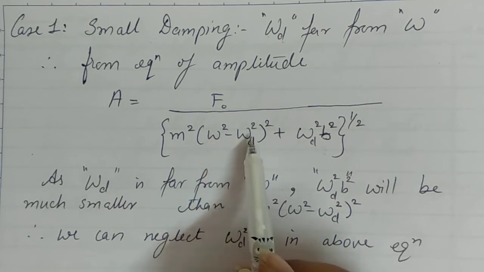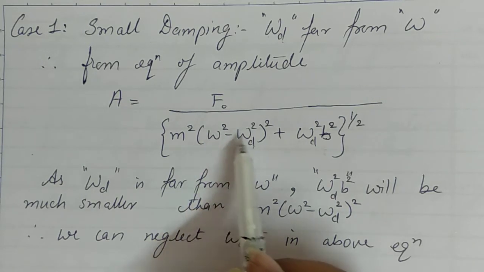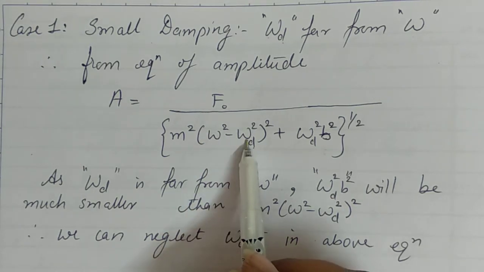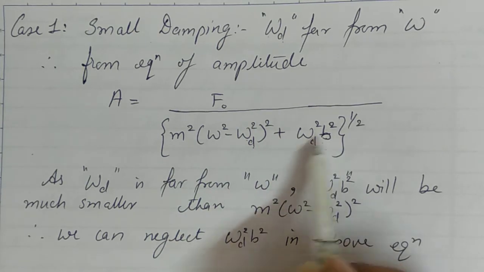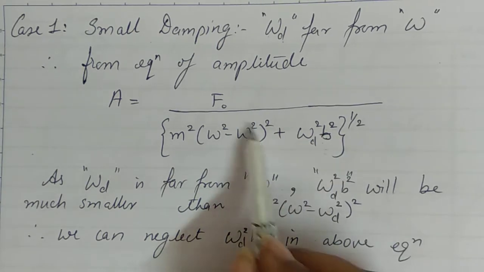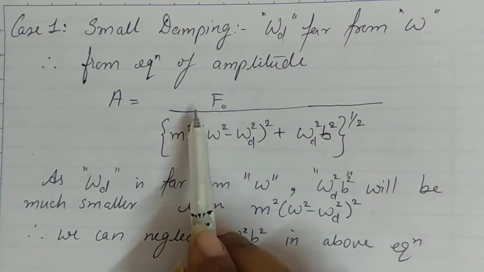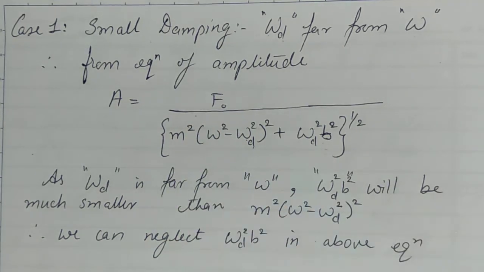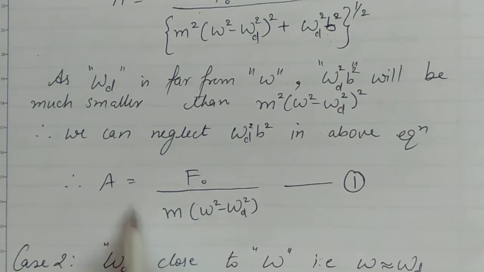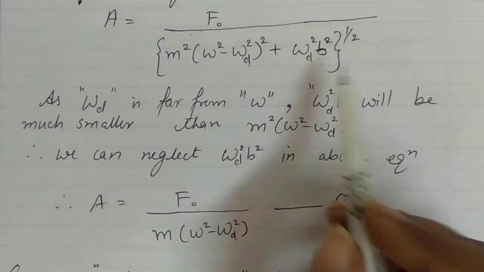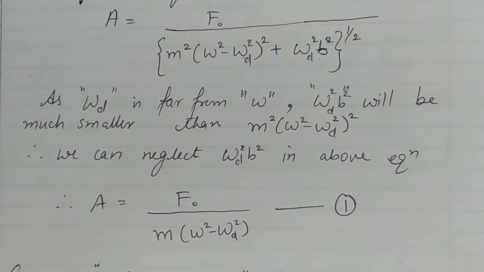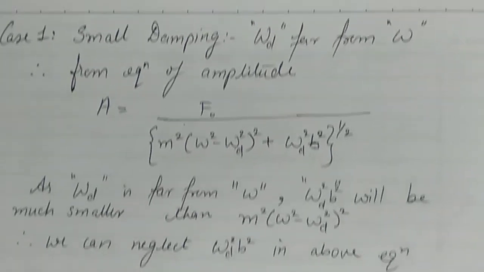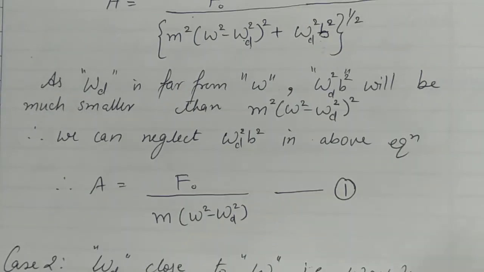As the difference between these two will be very big, this quantity will be neglected with respect to this quantity. So this equation of amplitude now becomes like this. थोड़ा सा छोटा हो गया है क्योंकि ये damping वाला जो term है वो neglect हो गया है. So for small damping, amplitude will be like this.